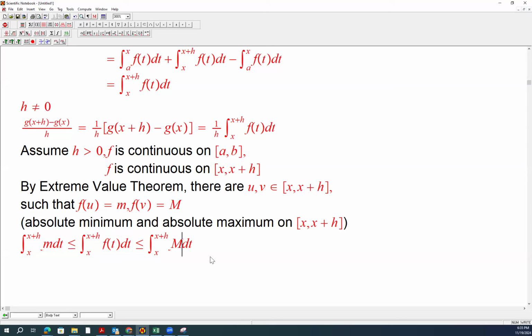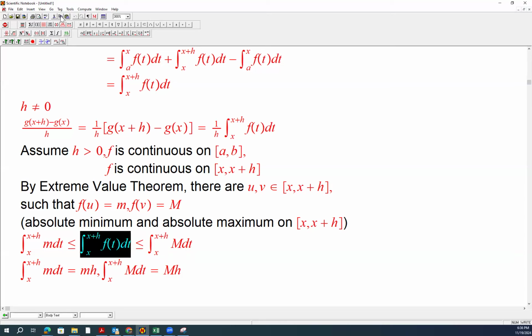We know how to integrate this part because lowercase m is a constant, so that's just m times h. And that piece is just capital M times h.